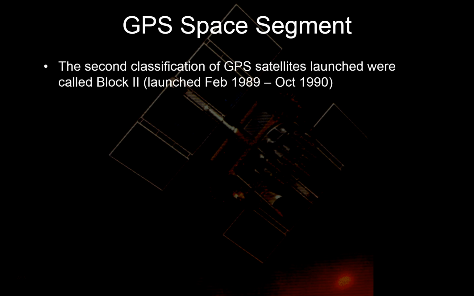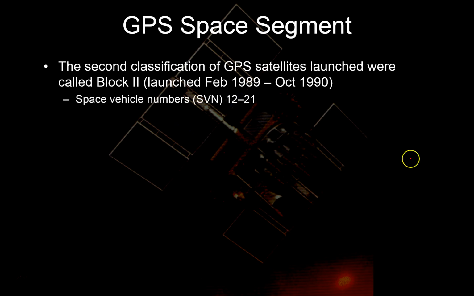The second classification of GPS satellites, which were really the first round of production satellites, is still, by the way, the current block of satellites that we're using, called the Block 2 satellites. Even the launch last month in March 2015 was still a Block 2 satellite, called a Block 2F satellite, which we'll talk about coming up.